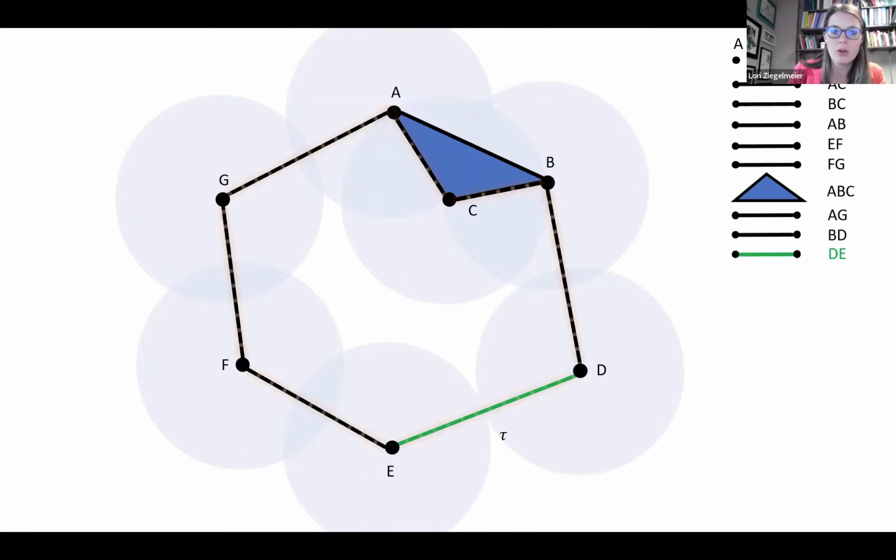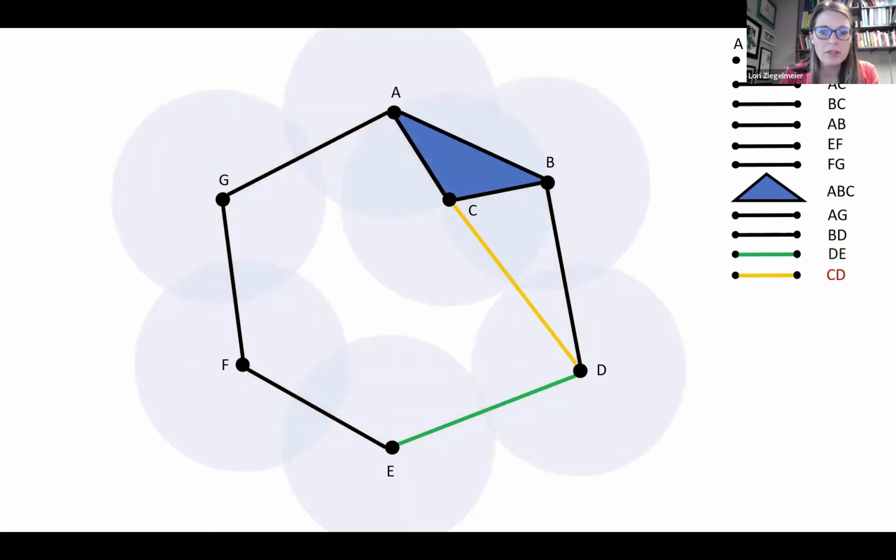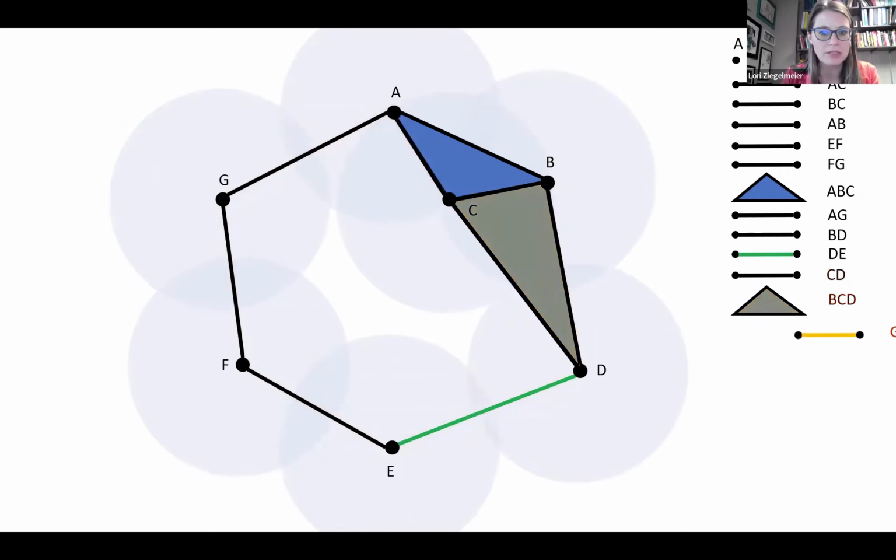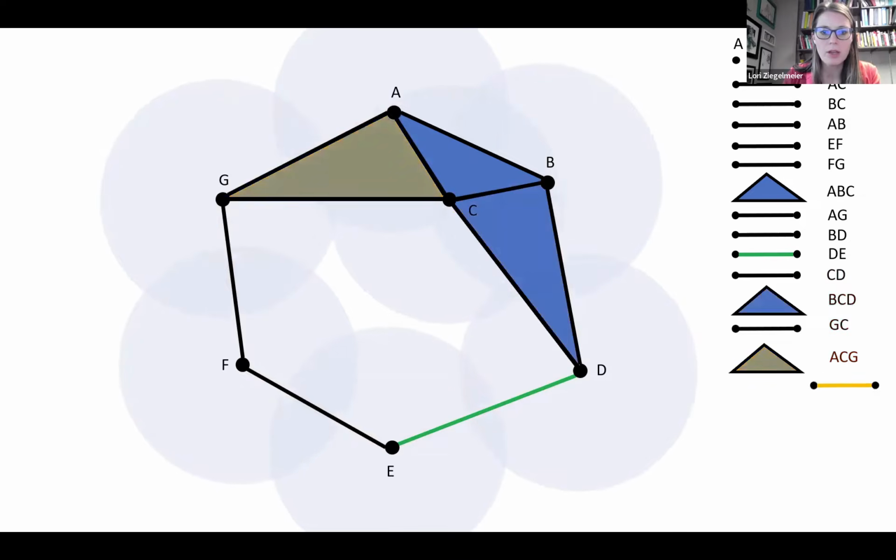We could think of it this way, or analogously, we could go along AB. Those would be two cycle representatives. Then we can keep adding edges on the interior of the cycle, and we're sort of shrinking the area of the cycle here, and we can keep going.